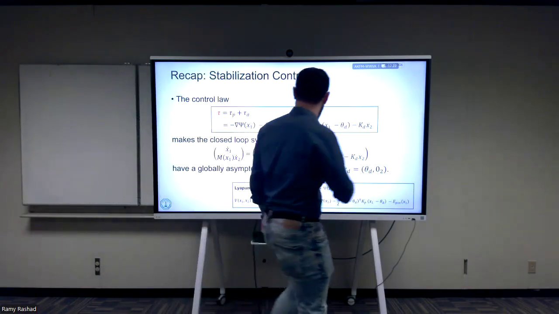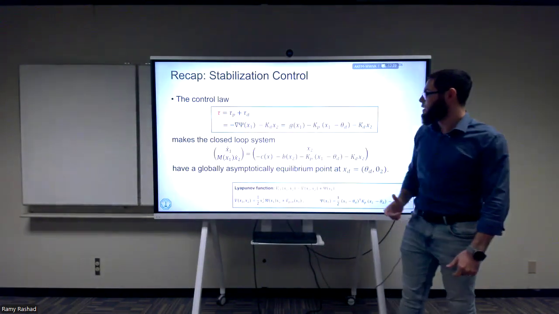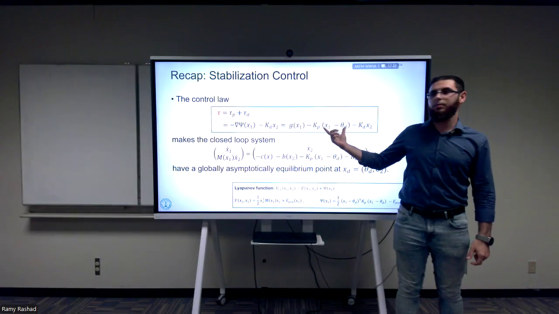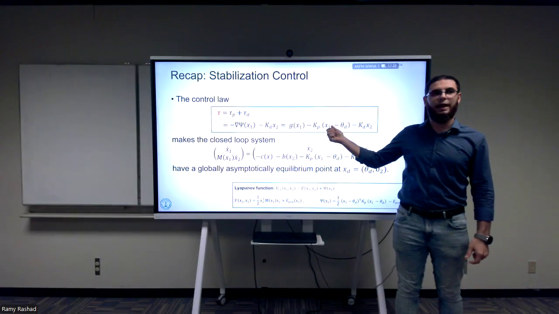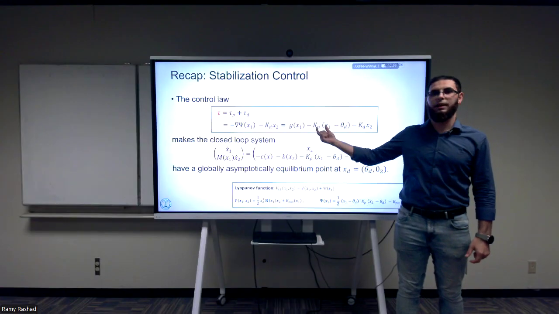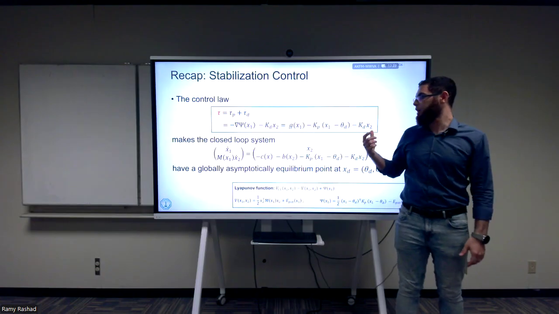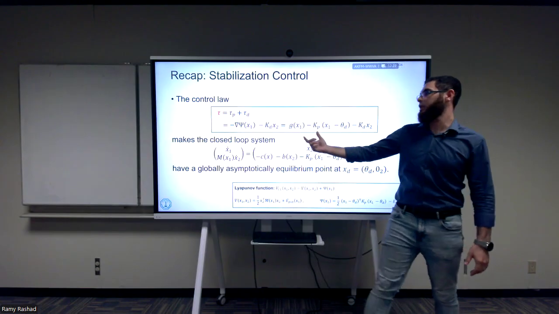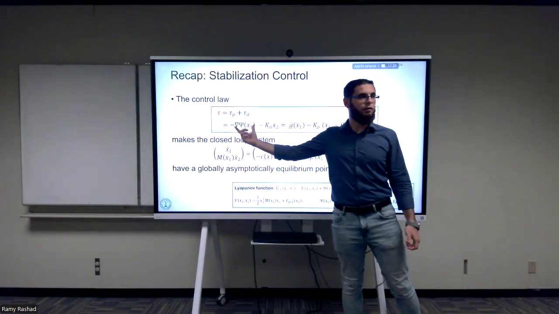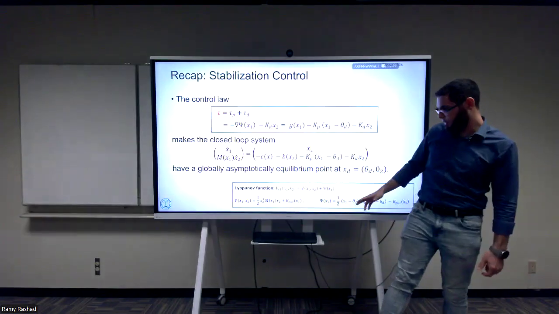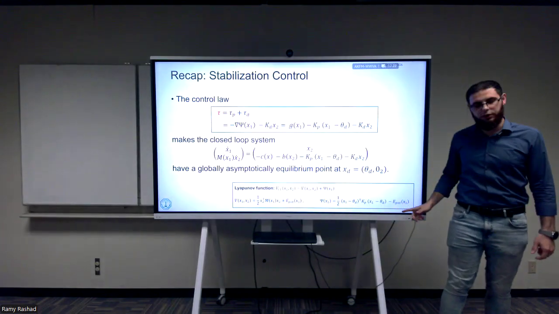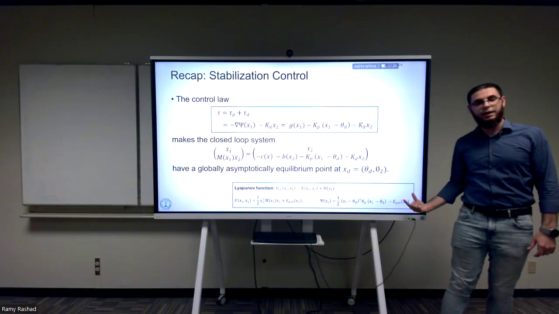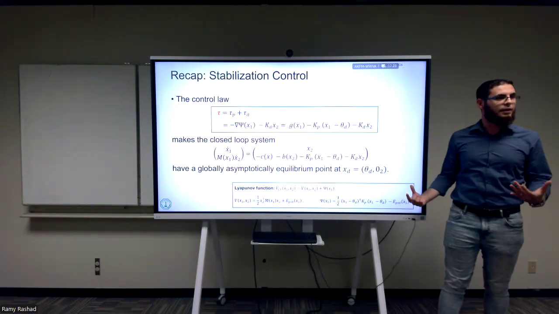The psi that we chose had a quadratic term in the error between the actual angles and the desired angles, with some gain matrix Kp that we design. We also had the gravity compensation part that came naturally from the gradient of this psi function, because we chose psi, just I remind you here at the bottom, to be this quadratic term minus the potential function that we had in the original system.